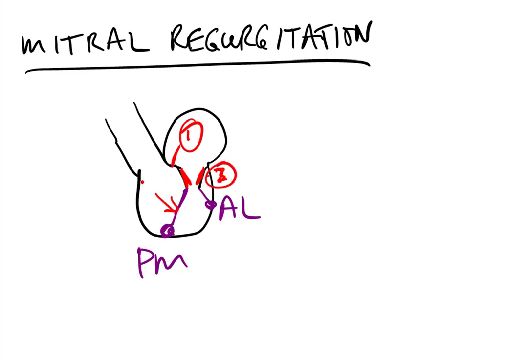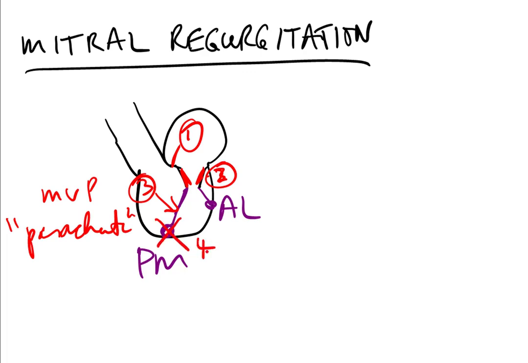The third area that we can see problems is in the chordae tendineae, and that's often the way we describe mitral valve prolapse with elongation, giving the so-called parachute deformity. We'll talk about that in a sec. And then the last thing we can get here is we can get rupture of the papillary muscle, which would be postmyocardial infarction. And you've noticed I've picked the posteromedial, which is 90% of them, because it only has the single blood supply of the right coronary artery.